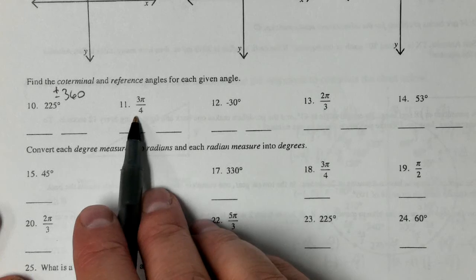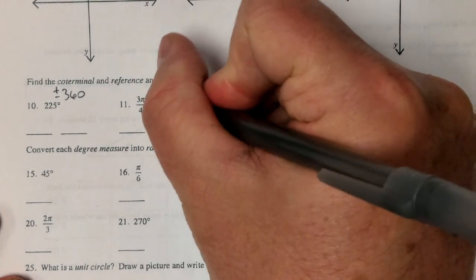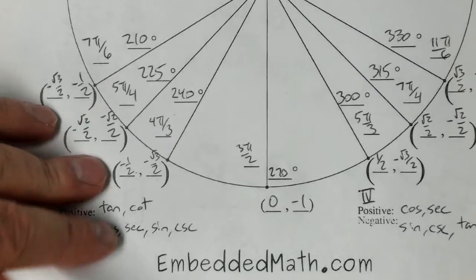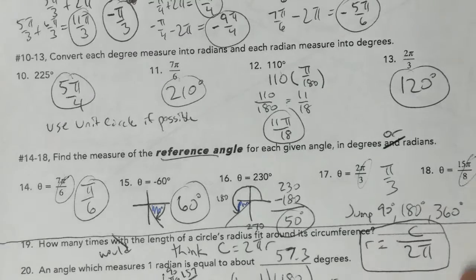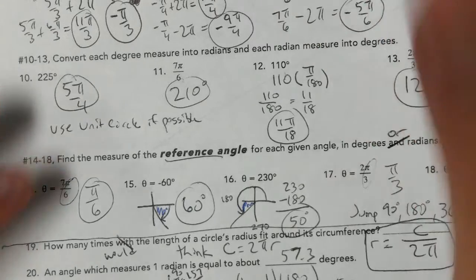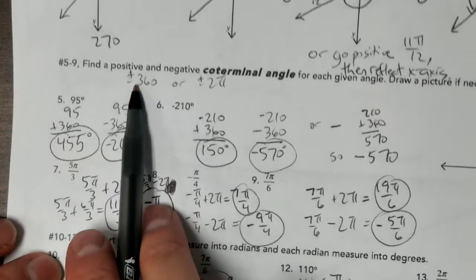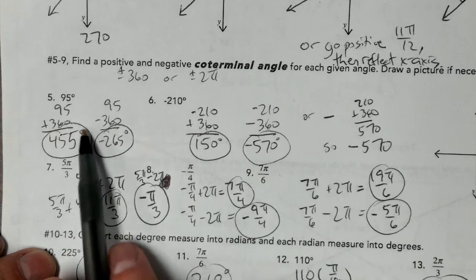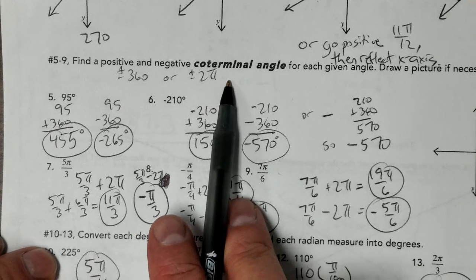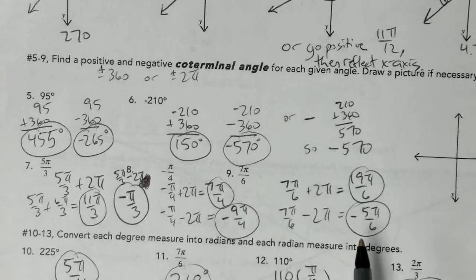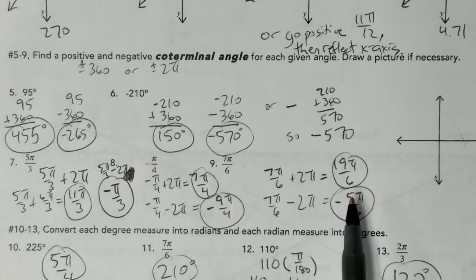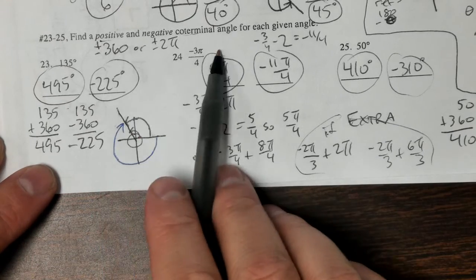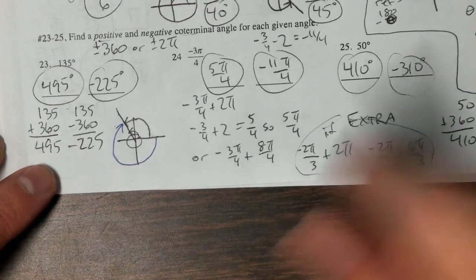If it's in terms of pi, it's going to be plus and minus 2 pi. How you know it? It's like what we did right here. Find a positive and a negative coterminal, plus and minus 360, or plus and minus 2 pi. Yeah. So like those, or like these, find a positive and a negative. It says that.